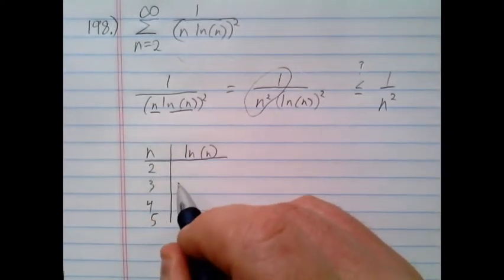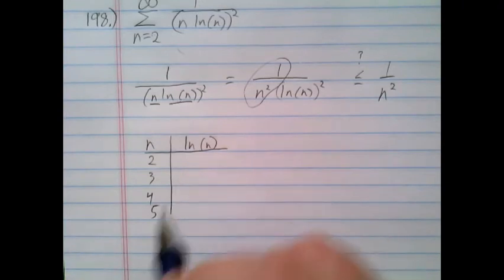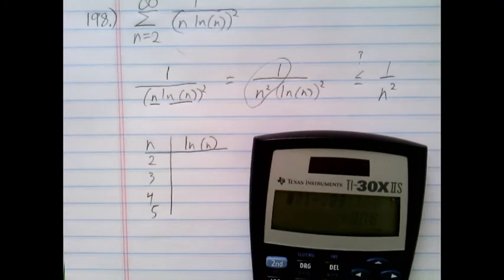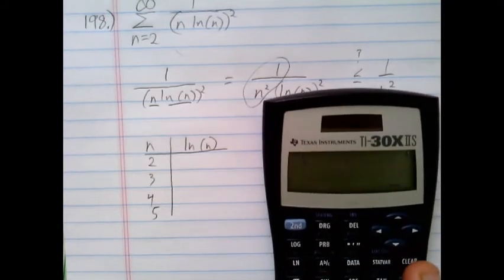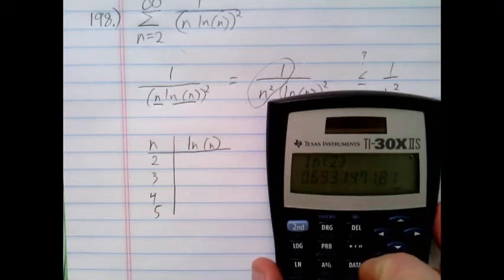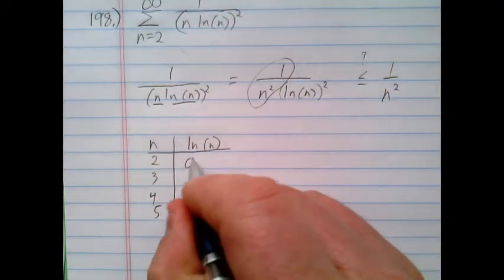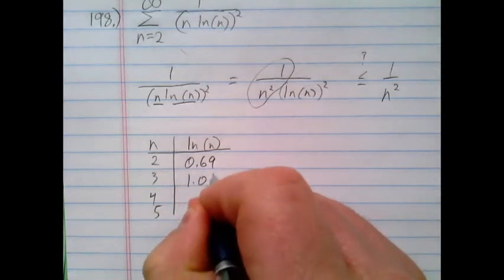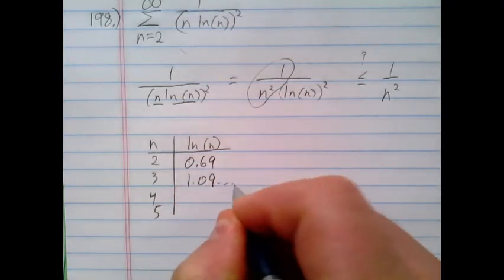So when n is 2, I would get natural log of 2. According to my calculator, that is 0.69 roughly. So let's write that down, 0.69. Change that 2 to a 3, I get 1.09, and it keeps going.